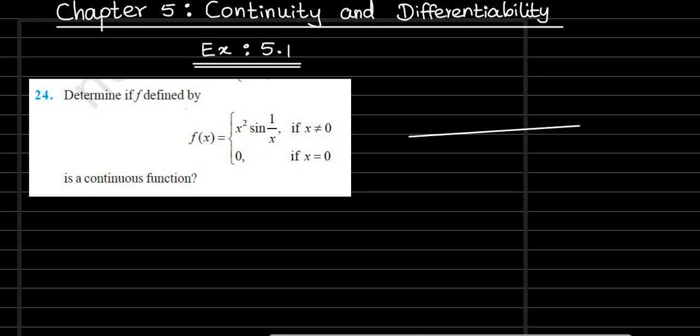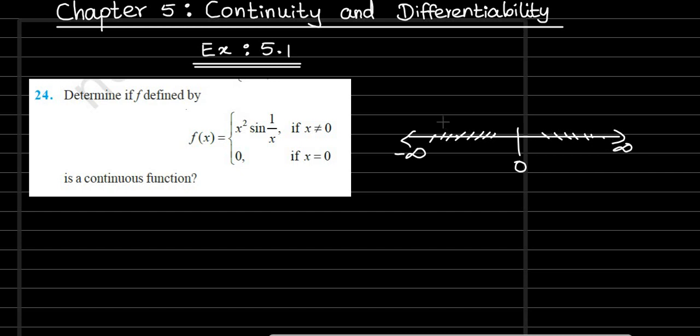So let me take a real line, from minus infinity to infinity. Now using the given condition, I'm going to break the real line at x equal to 0. Now we can see the two intervals over here. If x is less than 0, we have all the values here. If x is greater than 0, we have such values in this particular interval.